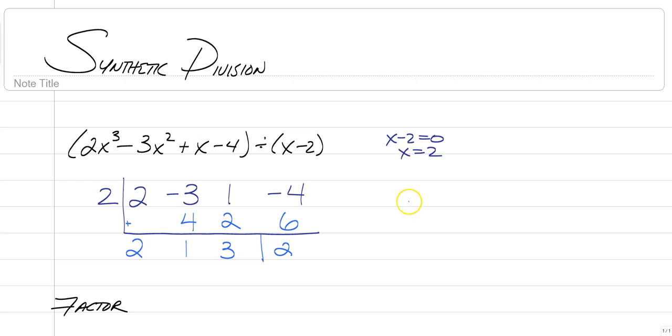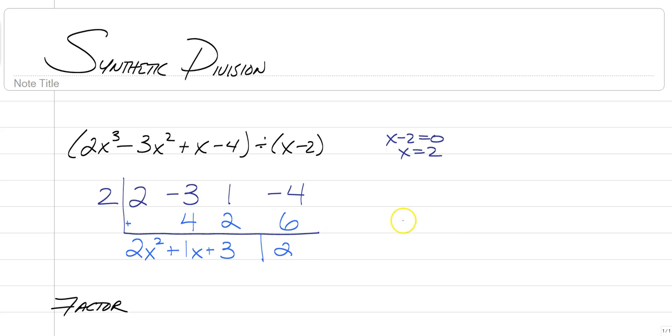So our final answer would be, so we started at x cubed, it's 1 below. So it's 2x squared plus 1x plus 3, and a remainder of 2. Now, just like long division, you don't want a remainder when you are actually going through and factoring. But if we're just dividing, then it's okay.